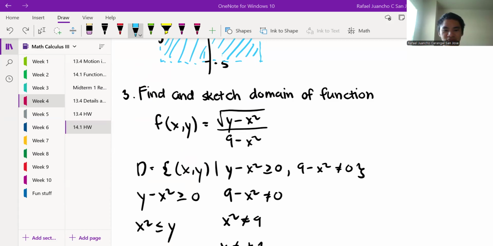He puts those conditions in. He draws a parabola. He draws two lines. Okay, yeah, that makes sense. That was it.